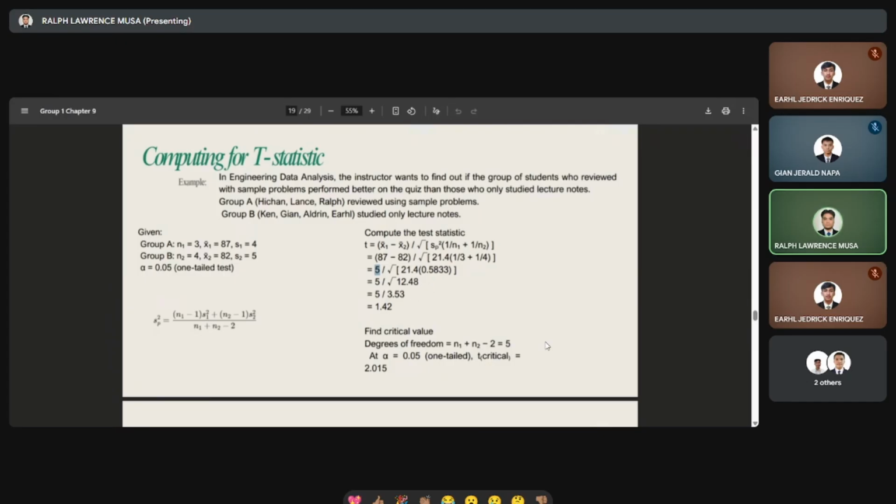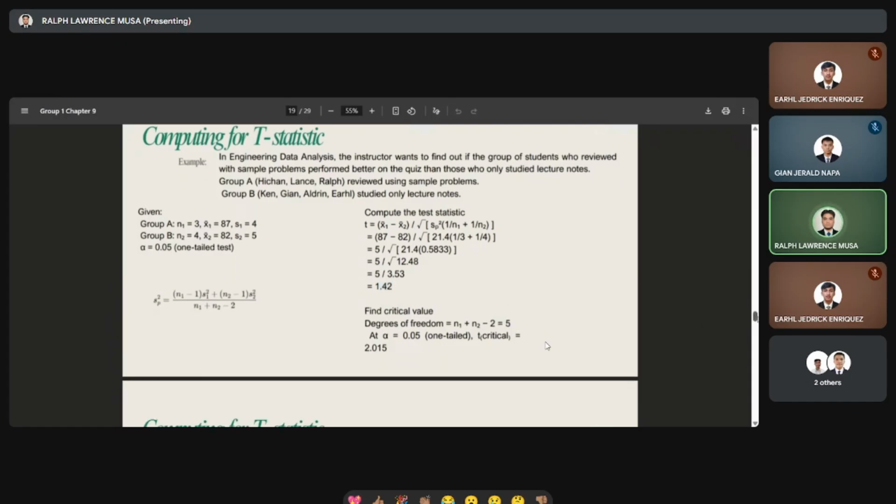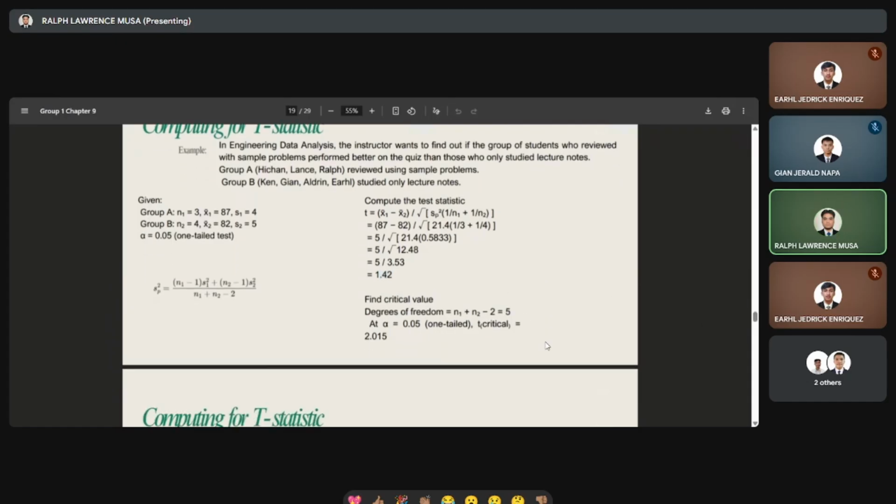Simplifying further, we get the test statistic of 1.42. For finding its critical value, degrees of freedom is equal to n sub 1 plus n sub 2 minus 2, which is 5. And so the answer would be 2.015.